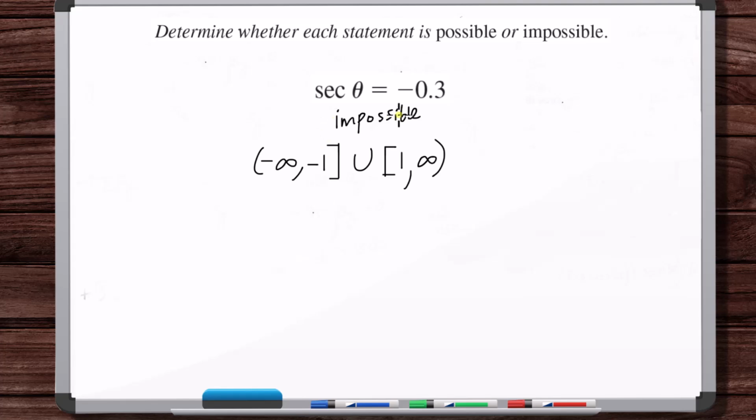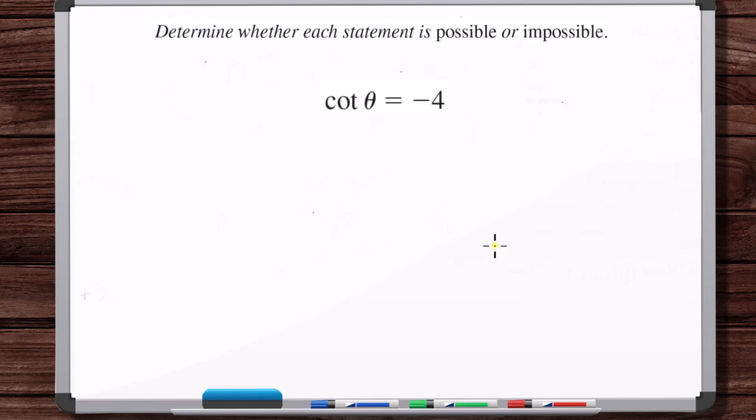But when it comes to secant and cosecant, you can't get a value that's between 1 and -1. It's like the opposite of the ranges of sine and cosine. Cotangent is like tangent, anything. You could get any number, so this is absolutely possible.